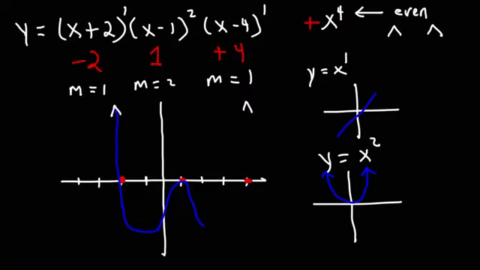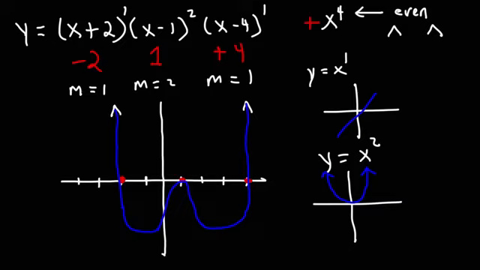And now for the last x-intercept, the multiplicity is 1. So we're going to cross the x-axis with a straight line. And so that's it. That's how we can graph this particular polynomial function.